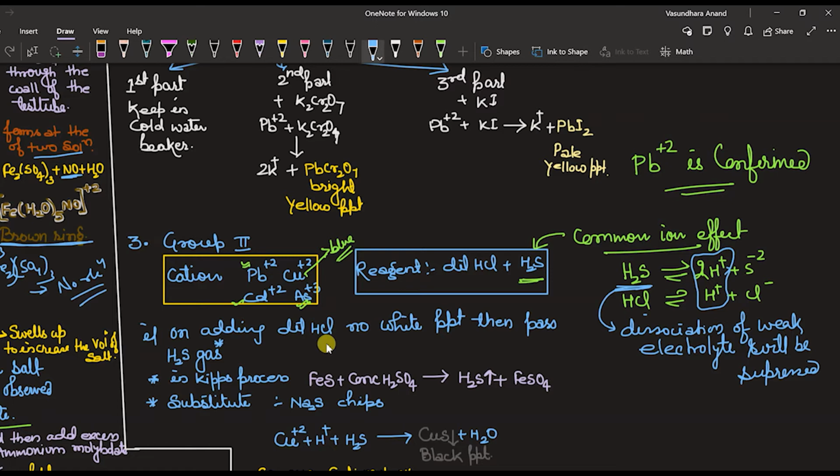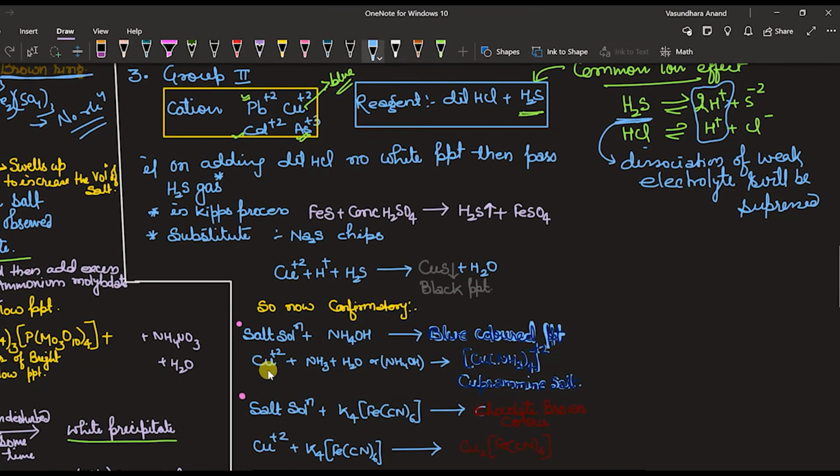So Le Chatelier's principle will work, and it says that if the concentration is increasing, the reaction will move in such a direction where the effect of the increase will be nullified. So the reaction will move in the backward direction, and hence it will suppress the dissociation of H2S, and now this H2S undergoes reaction to give the precipitate. Okay, so let's see. If on adding dilute HCl there is no white PPT, then pass H2S gas.